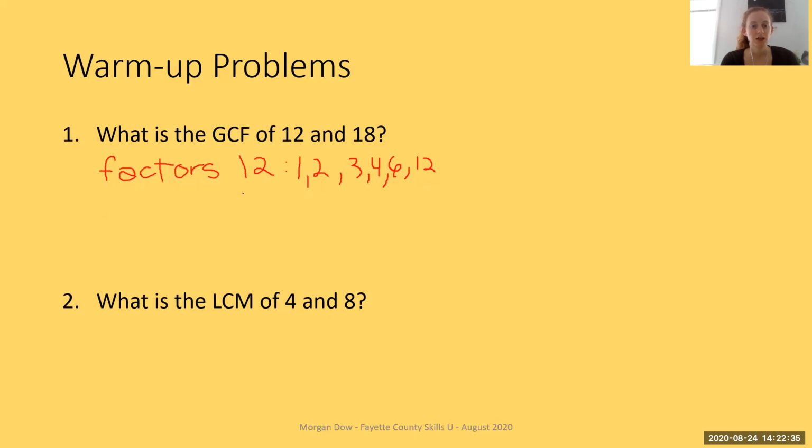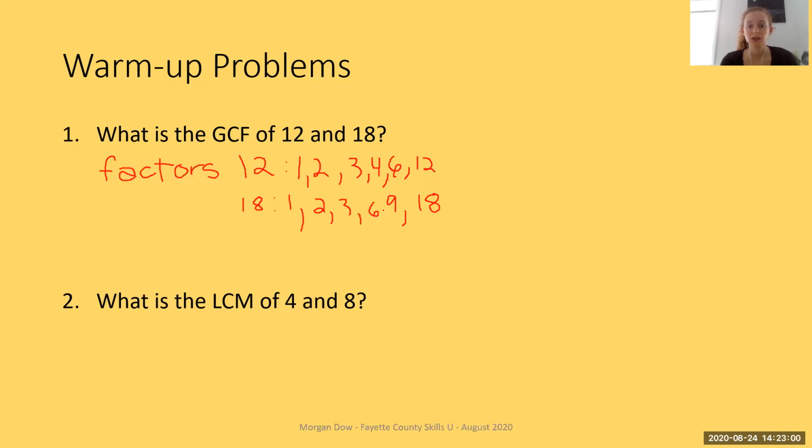And then let's do the same thing for 18. So factors of 18, well, we're definitely gonna have 1 and 18. And then 2 and 9. And finally we have 3 and 6.